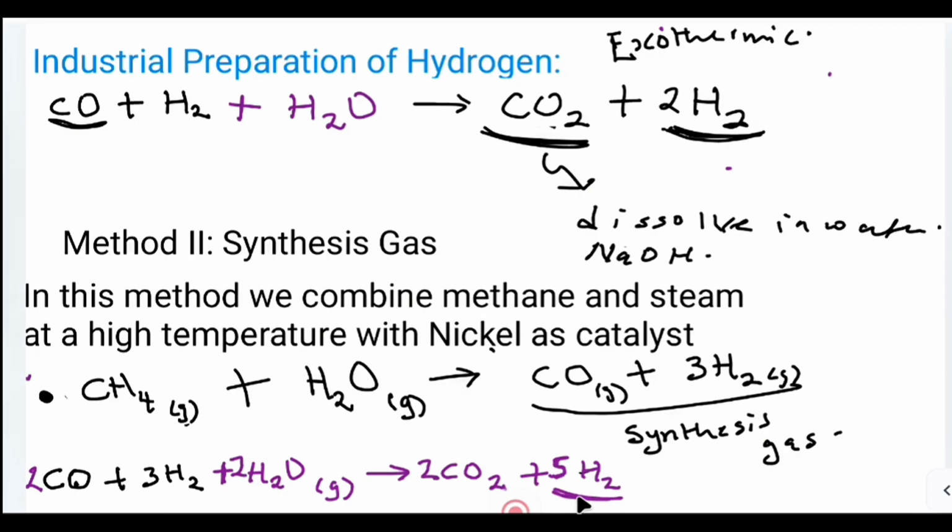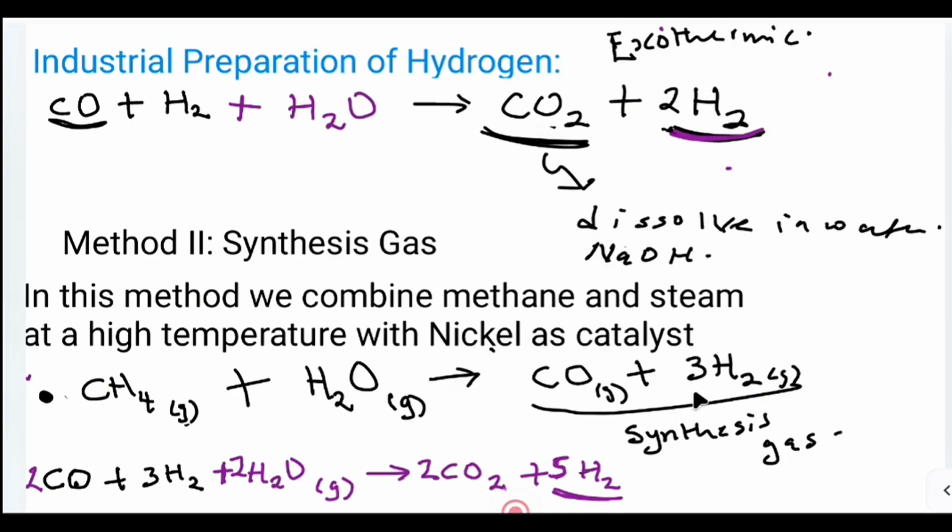Again, CO2 can be removed by dissolving in water or by using caustic soda. Now, before we leave this industrial preparation, notice that when I use water gas, I had just 2 moles of hydrogen.